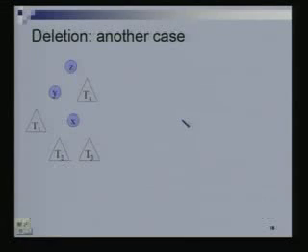So this is single rotation. In the case when this was the picture, Y was a left child of Z and X was a left child of Y. But we could have this kind of a picture, that X is a right child of Y. So the first part of the argument is the same. This has gone from h to h minus 1.